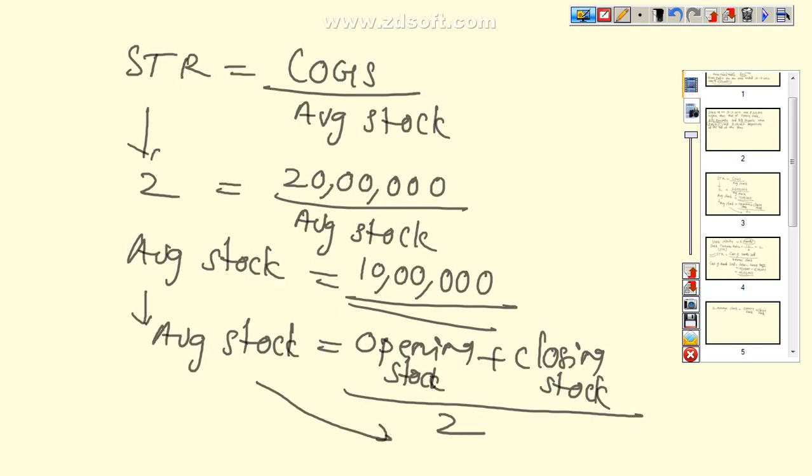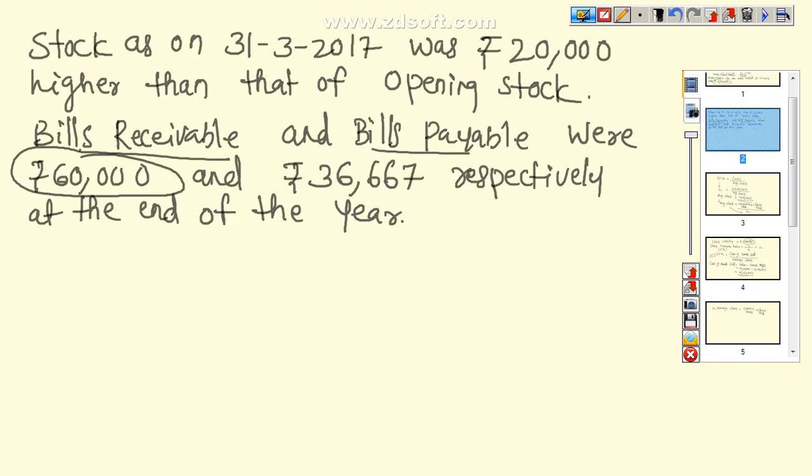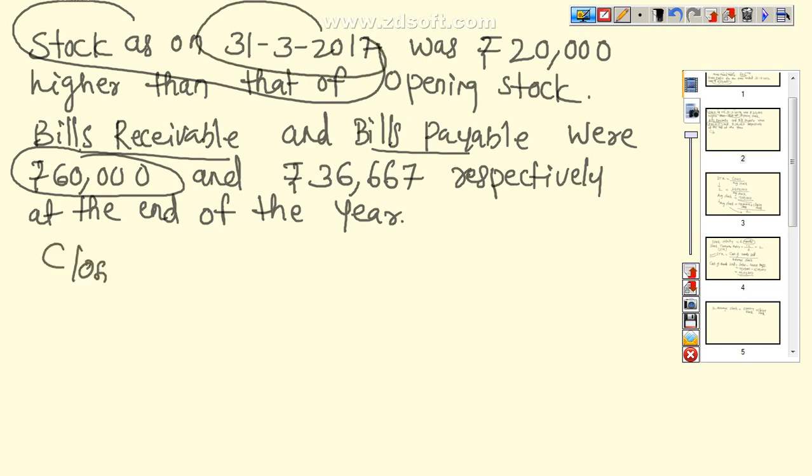Now we have to look into it. What is the information regarding stock that is given? Stock as on 31/3/2017 was rupees 20,000 higher than that of opening stock. So 31/3/2017 means closing stock.